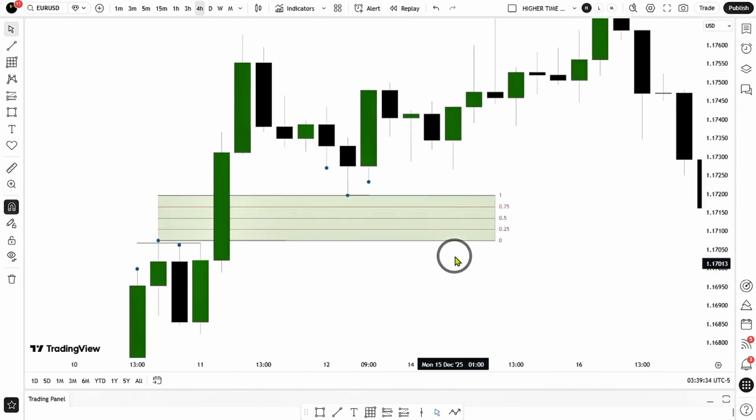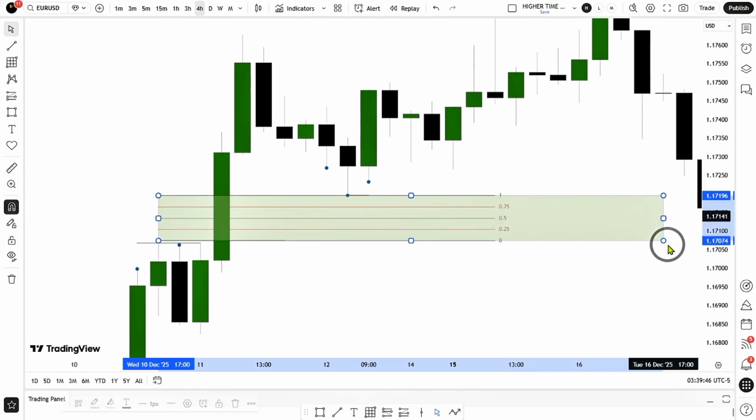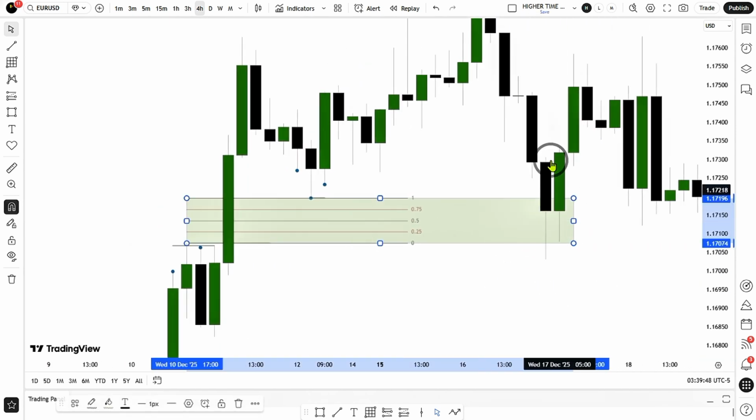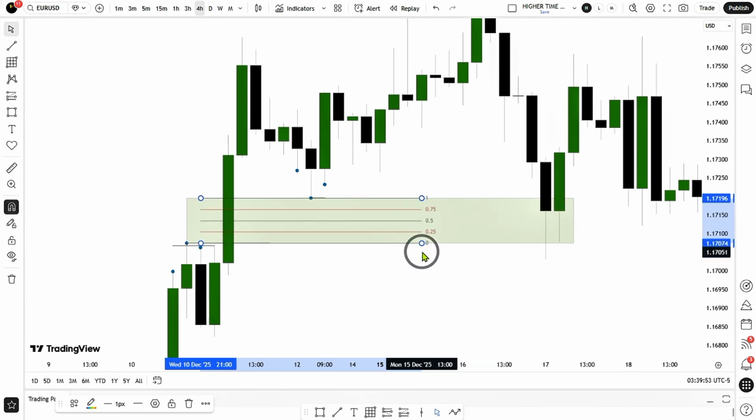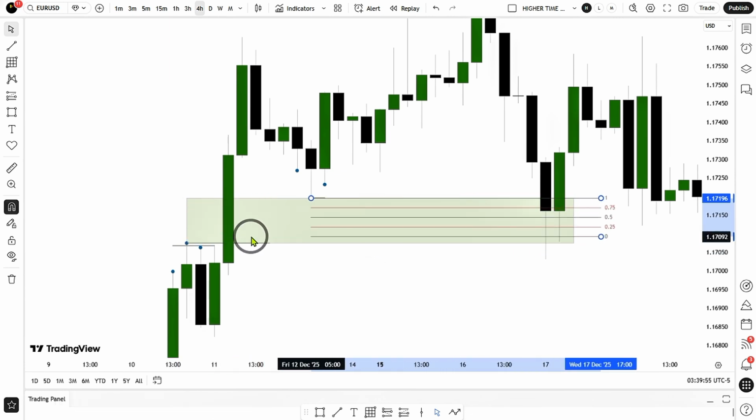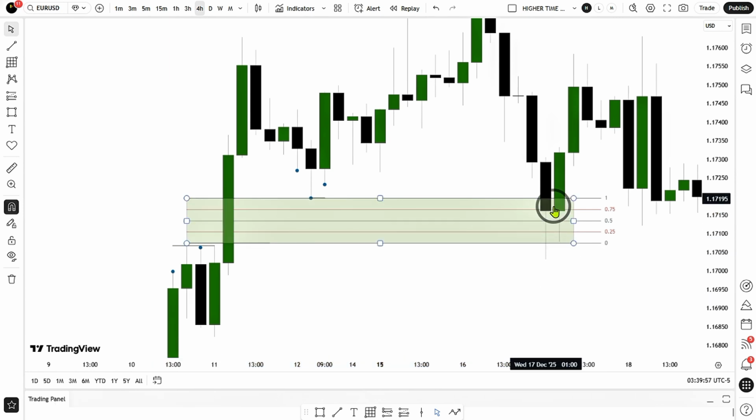So this is going to be called a 4-hour technical fair value gap since it is observed from the 4-hour time frame. And if you extend it to the left, you find that price came in, traded into it, completely closed it, and the body respected the 50% of the imbalance and rejected higher into the opposing imbalance.